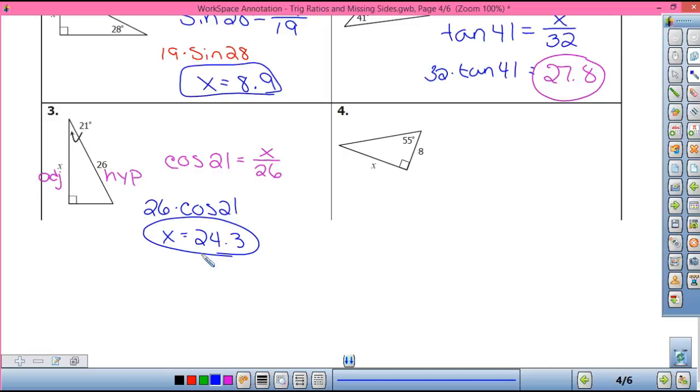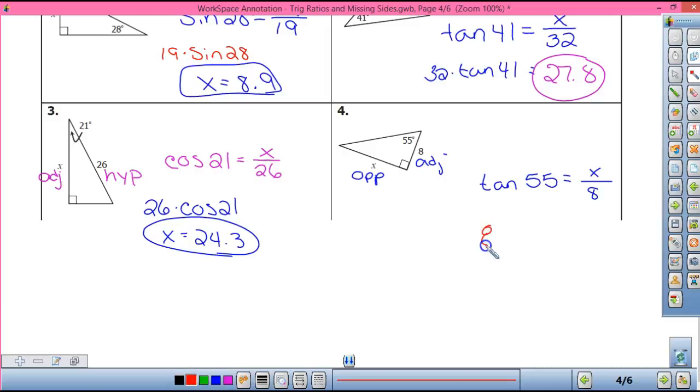All right, so next one. From my 55-degree angle, x is opposite, 8 is adjacent. So opposite and adjacent, I'm using tangent of 55 equals opposite over adjacent, 8.